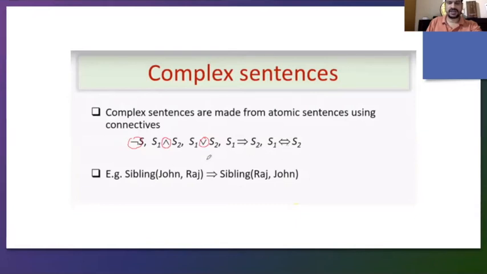In that way we can write some complex sentences like this: John and Raj are siblings because they are brothers. So we can write that John and Raj are siblings implies that Raj and John are siblings. It means that John is sibling to Raj, or we can say that Raj is sibling to John. In that way I can write it down with the implication symbol.